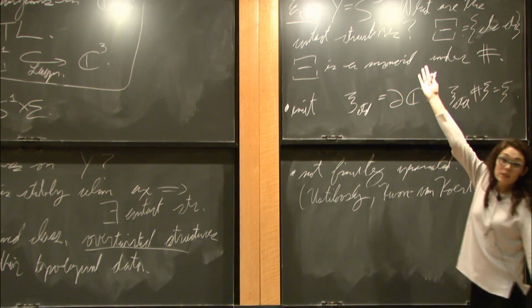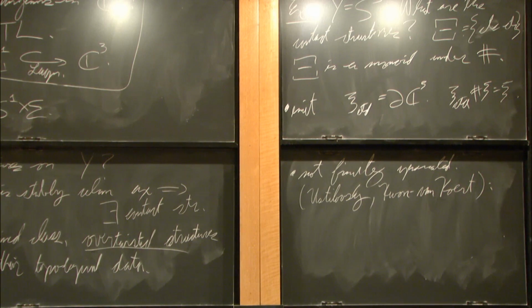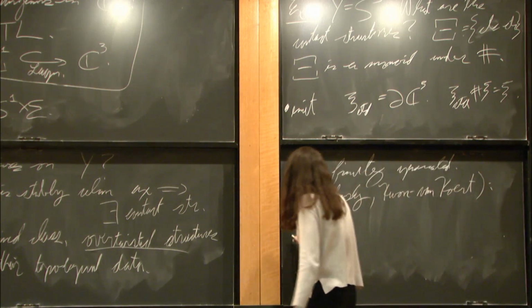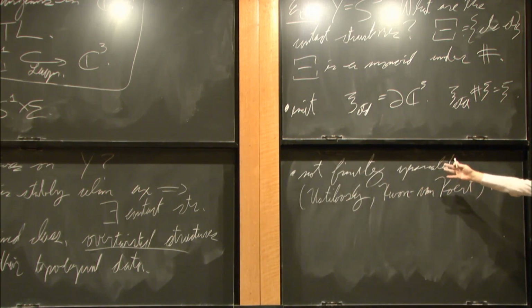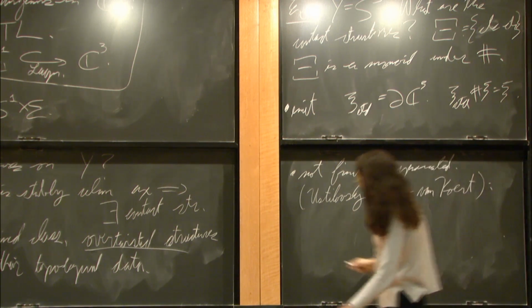There's a ton of these: not only infinitely many, but infinitely many generators. In fact, they show that there's a submonoid which surjects onto Q, so it's quite large.